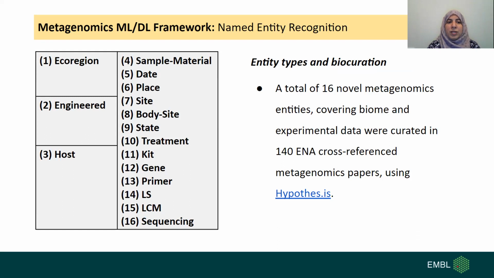These are ecoregion, engineered host, environment, sample material of the biome, the date of sample collection, the place of the environment or the host, the body site or the site of the microbiome, the state and the treatment of the environment or the host, and 6 experimental entities, including the DNA extraction kit, the target gene, the PCR primer, library strategy, library construction method, and sequencing platform.